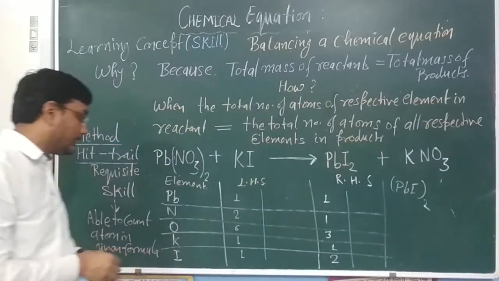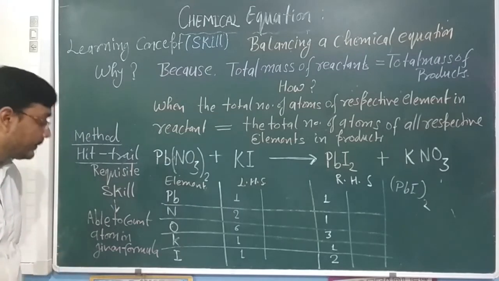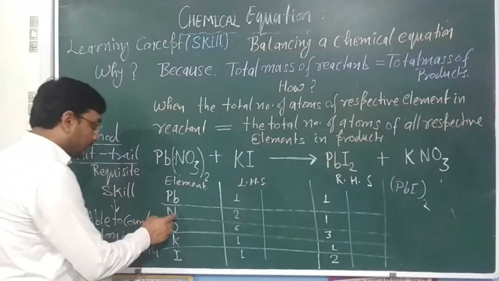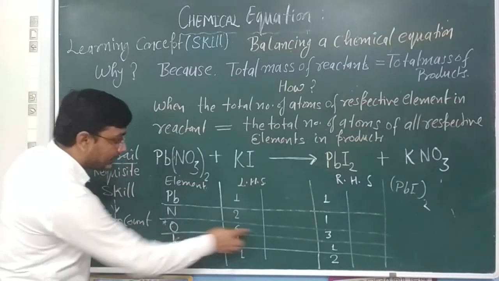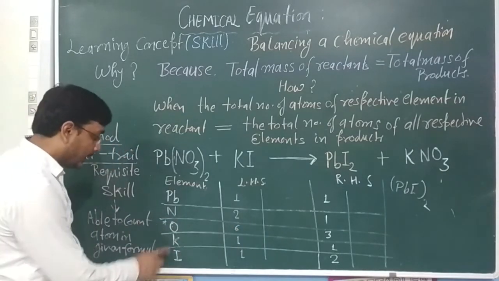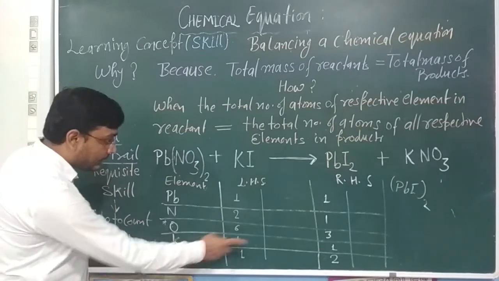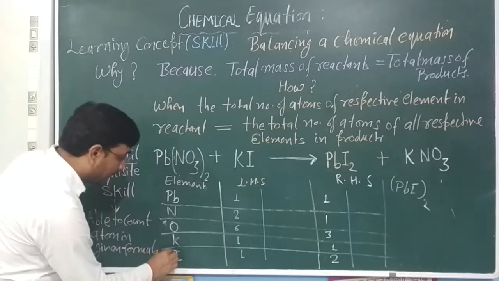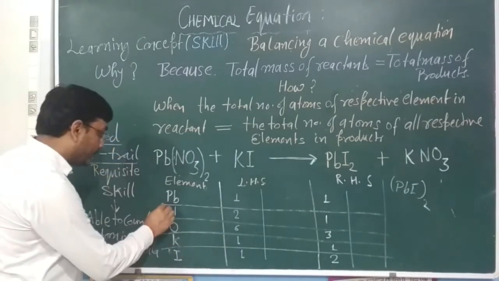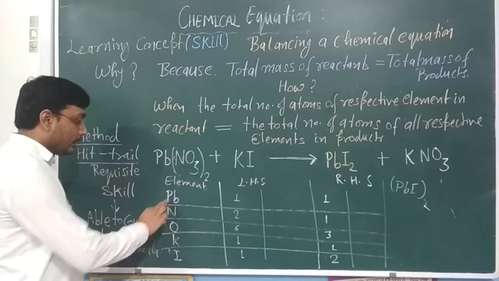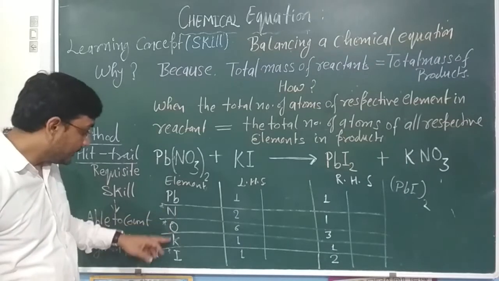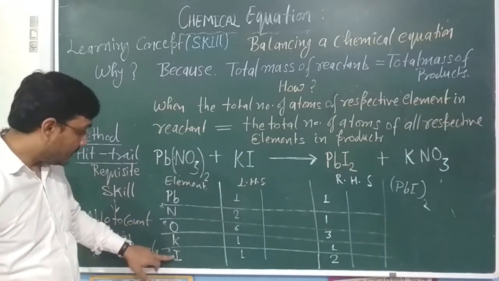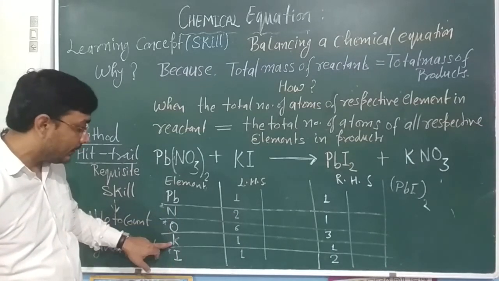Here there is a problem with some atoms. Look here, atoms of oxygen are not balanced. Atoms of potassium are balanced. Atoms of iodine not balanced. Atoms of nitrogen not balanced. Lead atoms are no problem, equal. Potassium, no problem, it is equal.